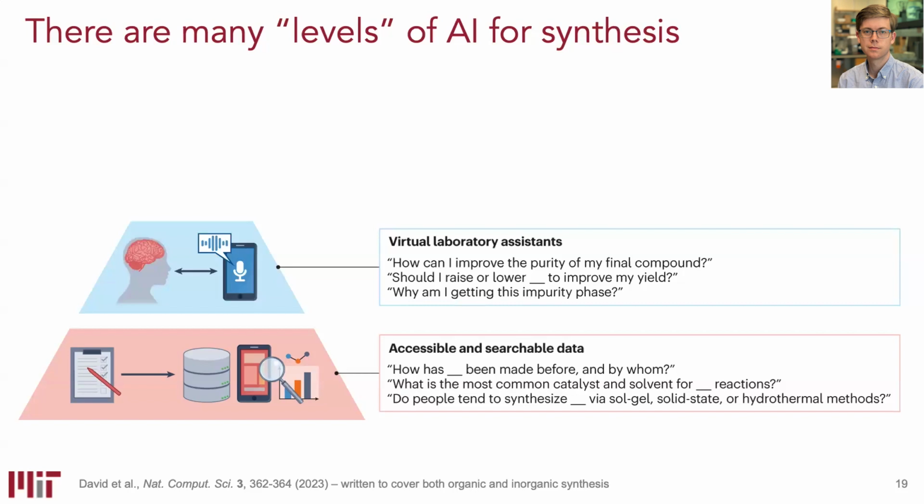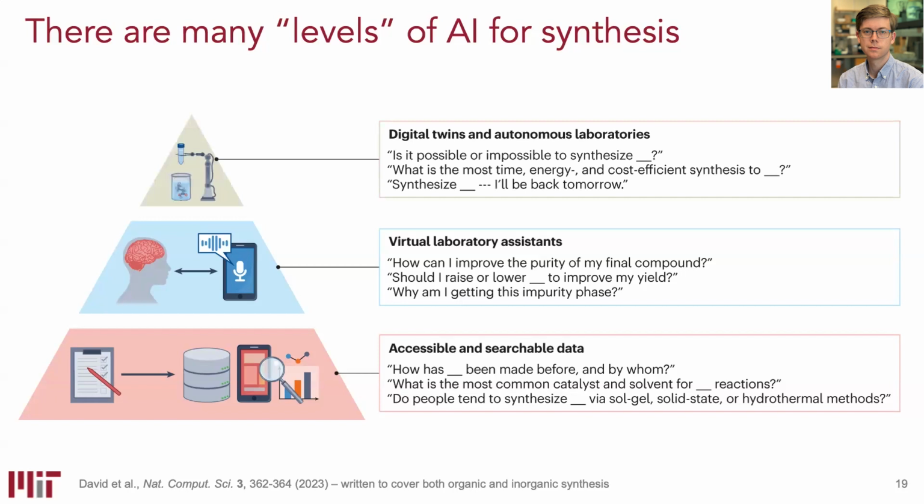But it's on top of that that we want to layer that next stage of reasoning. So we want to think about training virtual lab assistants or tools that gain insights from that data and make recommendations to us. They tell us what kinds of things we should try. If we run a reaction and the yield is bad, we ask it, or we get some feedback like, why was this bad? What should I do next? So on top of this data layer, we can have this assistant layer, like a co-pilot for the chemistry lab.